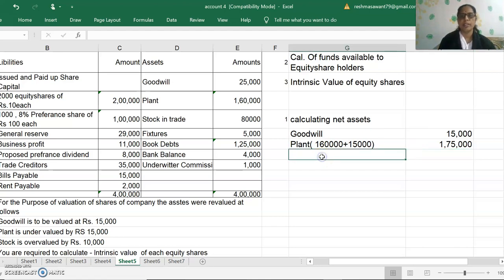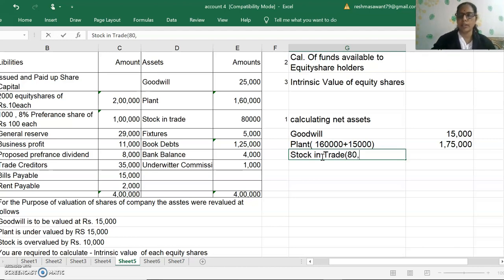Then stock in trade. In the adjustment, stock is overvalued by rupees 10,000. So make sure of the amount in your balance sheet. Overvaluation must be reduced from the book value. So what is your book value?